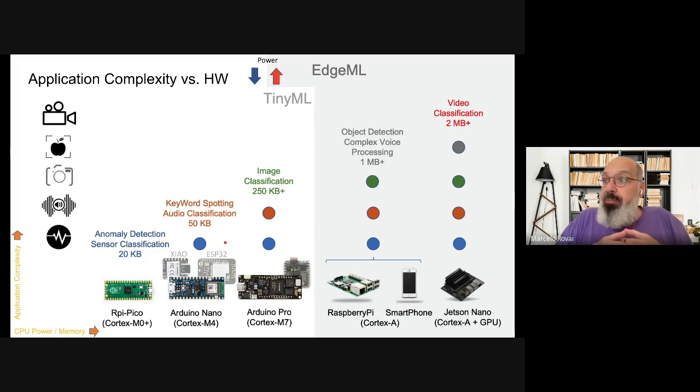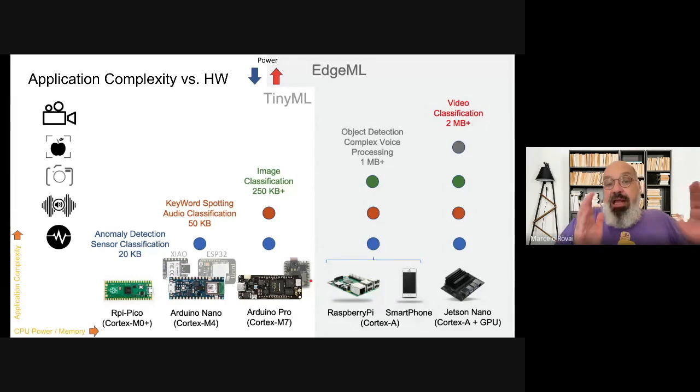But if you're talking about a serious project where you need to do, for example, image classification, where models will be over 250 kilobytes, you need more serious microprocessors or hardware, like the Arduino Pro series that I mentioned, or the Arduino Pro with a Vision Shield, or you can use an Arduino Nicla Vision with a camera.